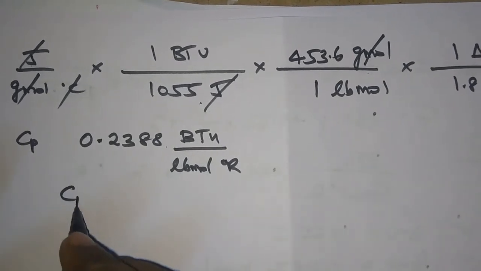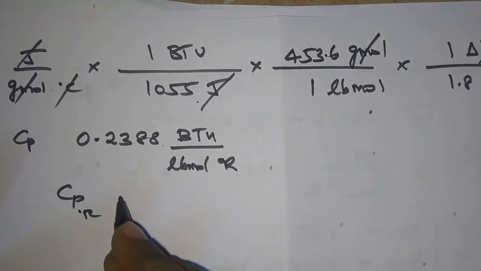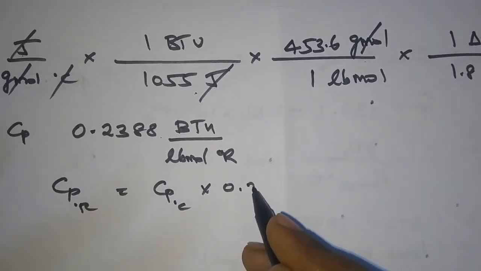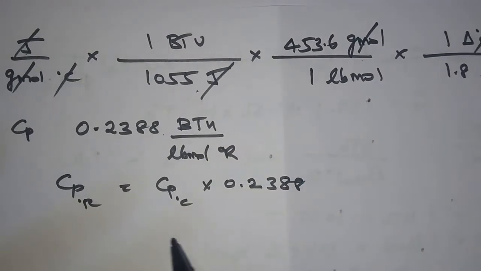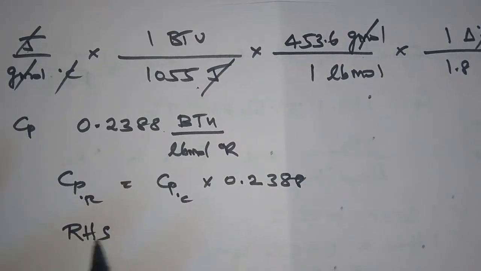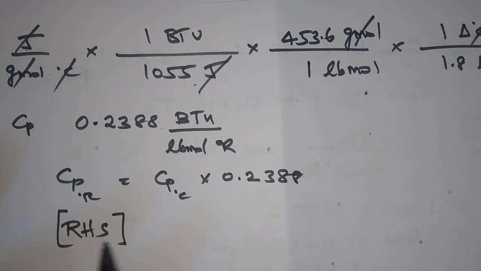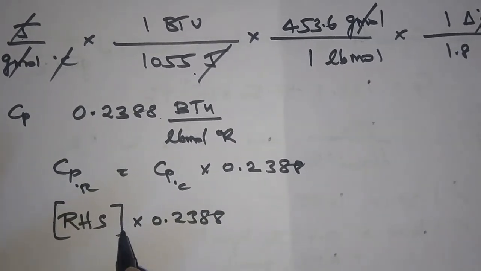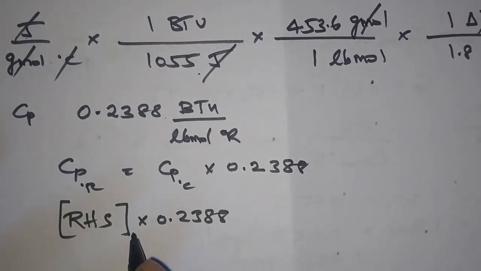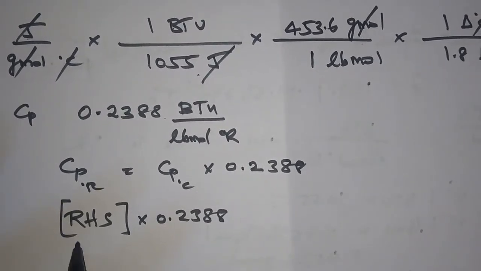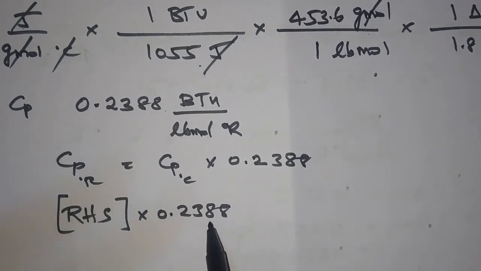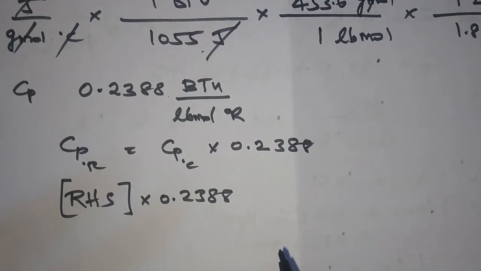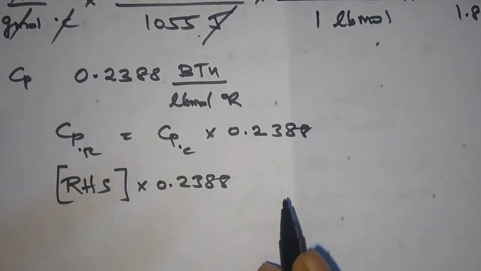So how can I write it? Cp in degree Rankine is equal to Cp in degree Celsius multiplied by 0.2388. Similarly, whatever is given on the right hand side, we have to convert that internally, and then finally multiply it by 0.2388 to get the right hand side.